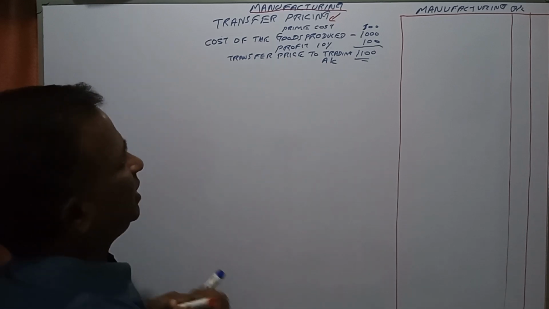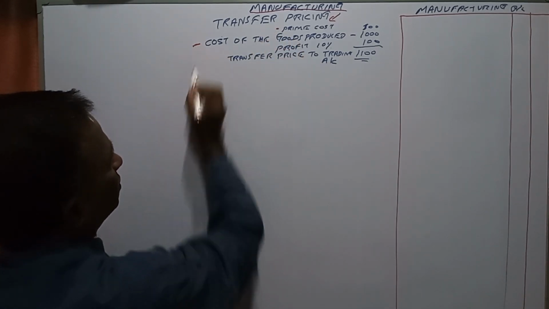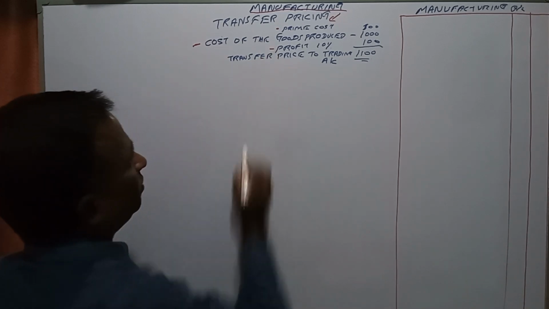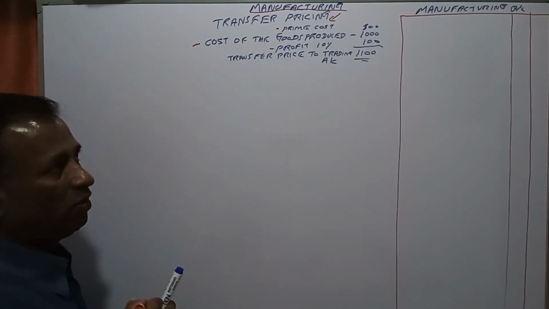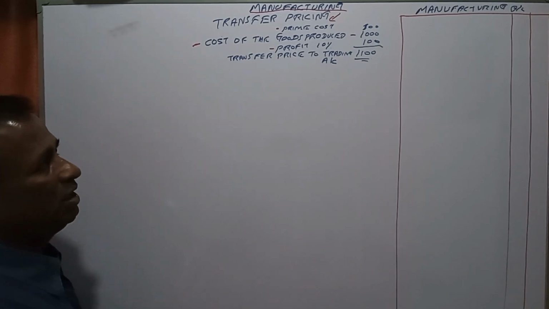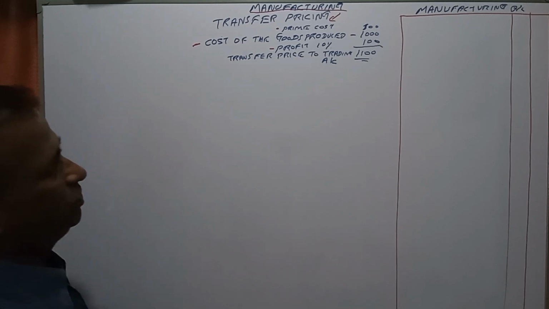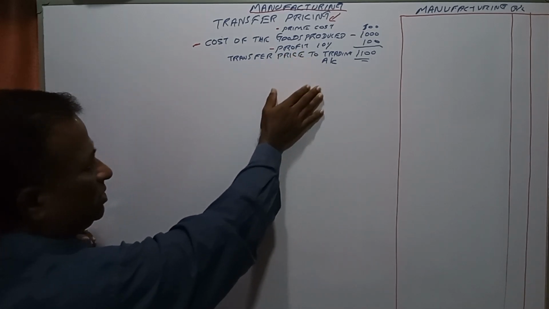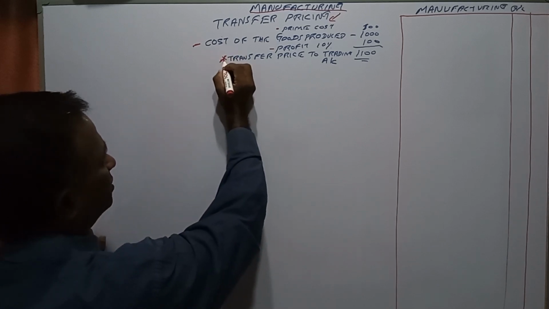First of all, we arrive at a prime cost. Thereafter, cost of the goods produced, and thereafter we calculate the profit margin, because we want to convert this section into one of the profit centers of the company. So profit center means we fix a margin of 10%, and this is the transfer price.